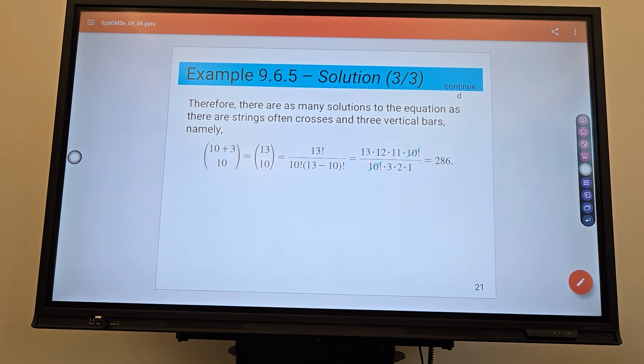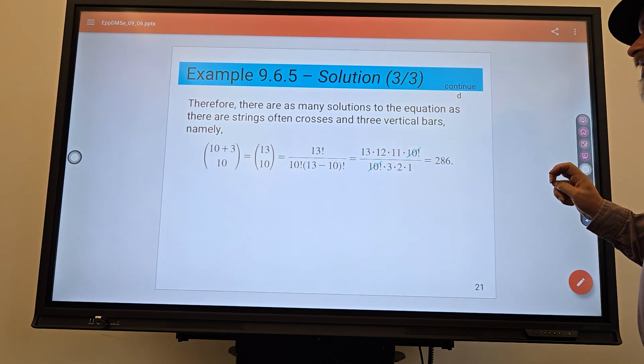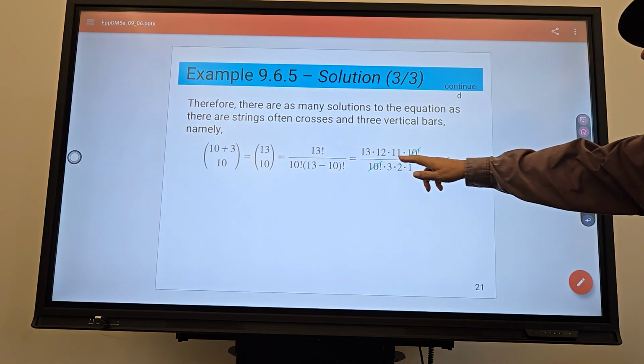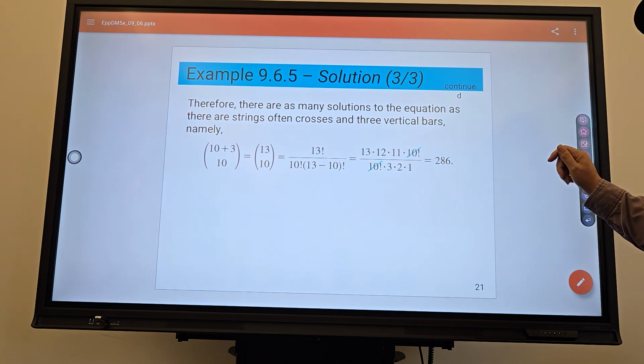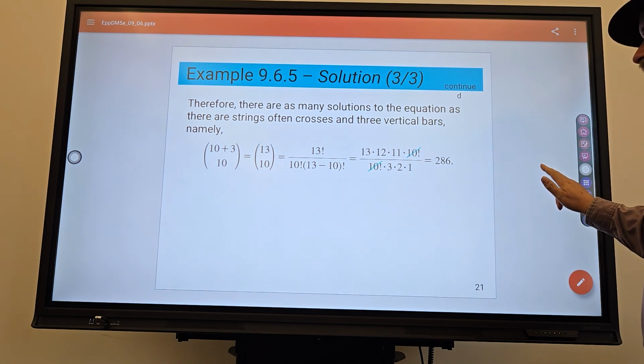Therefore, there are as many solutions to the equation as there are strings of 10 crosses and 3 vertical bars, namely 10 plus 3, choose 10. Expand it out, do some cancellation, and it equals 286.